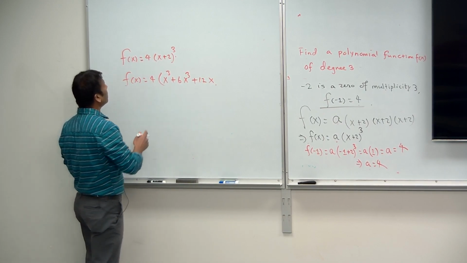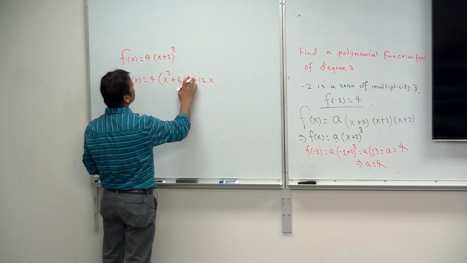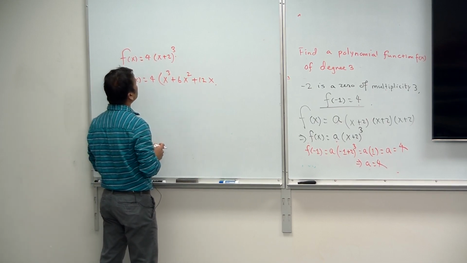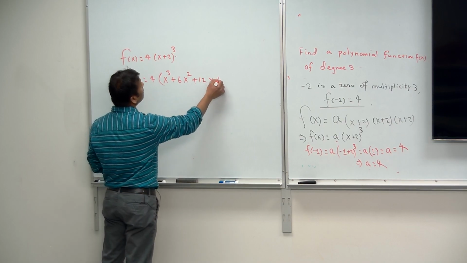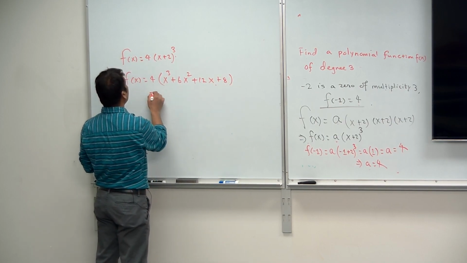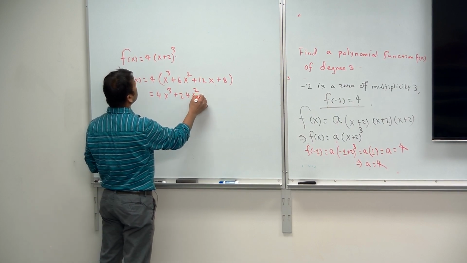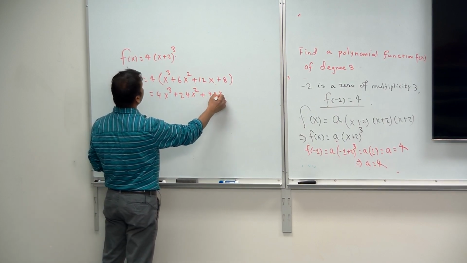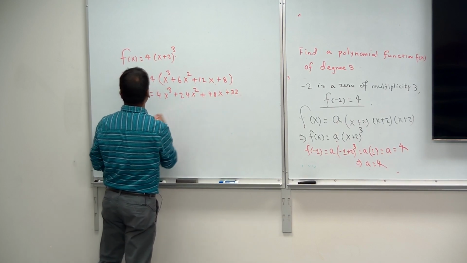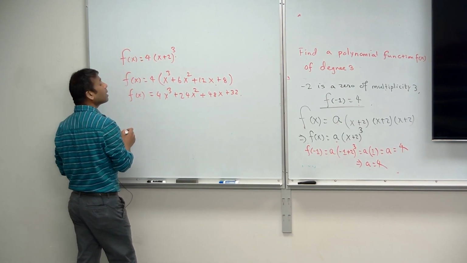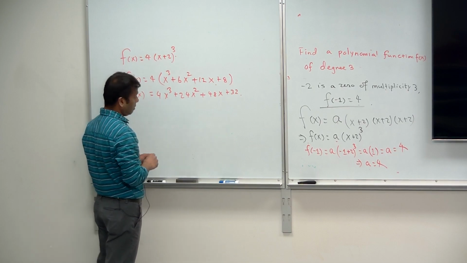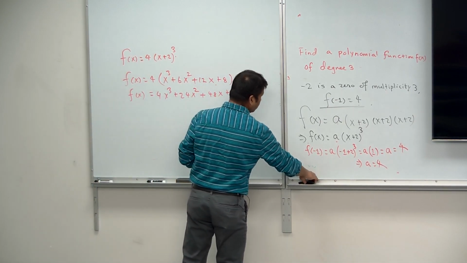So that will be 4x cubed plus 24x squared plus 48x plus 32. I think this is the final answer.